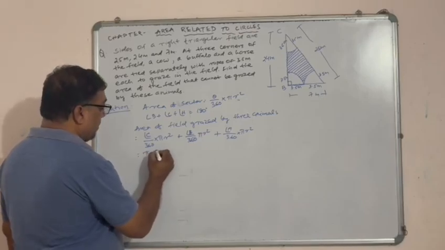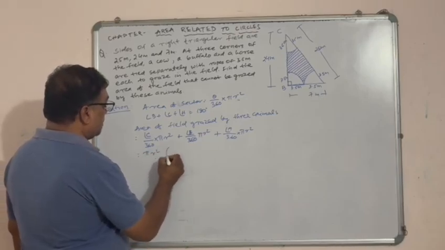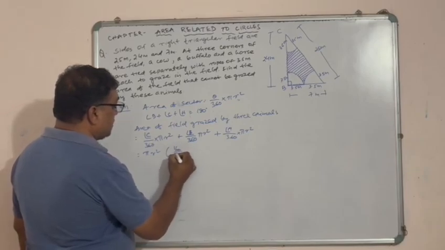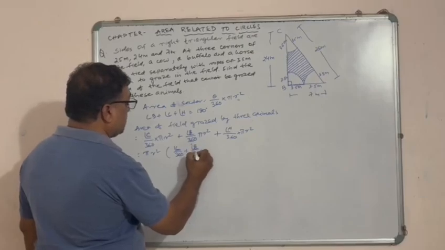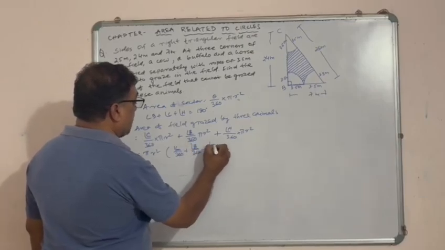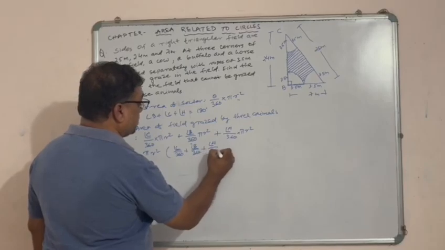If we take pi r square common, then angle C by 360 plus angle B by 360 plus angle H by 360.